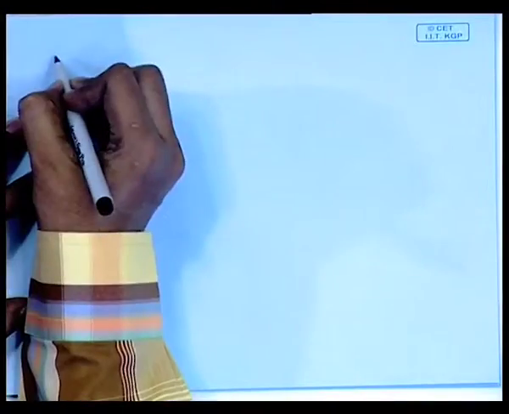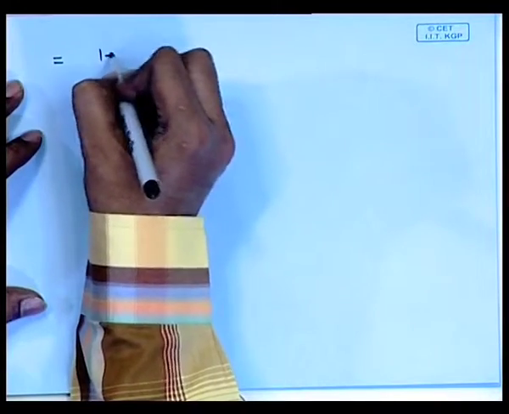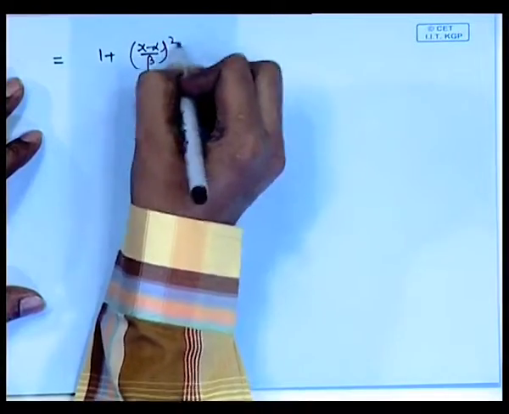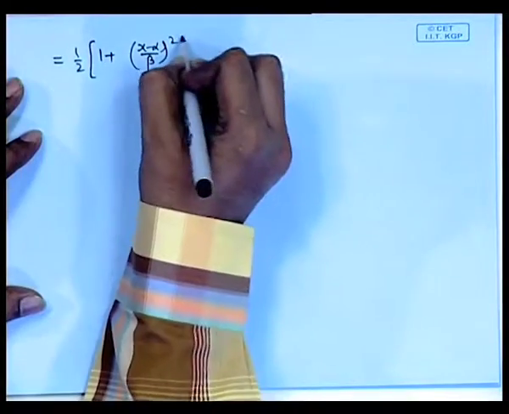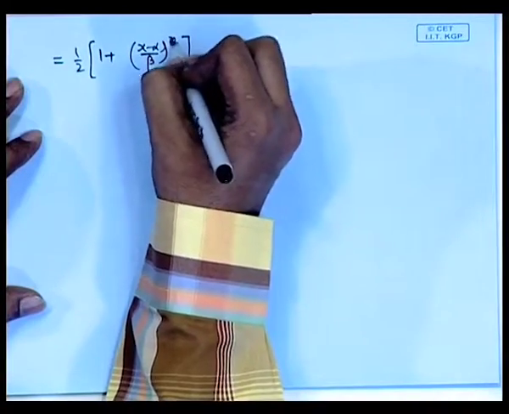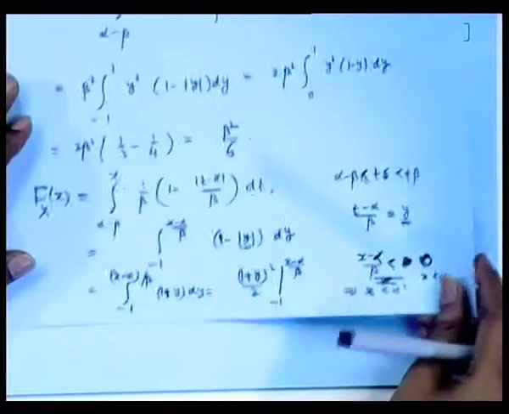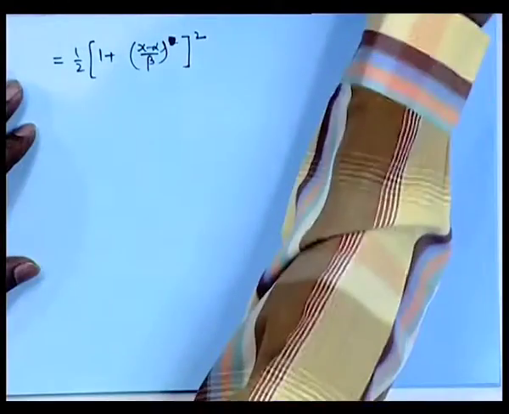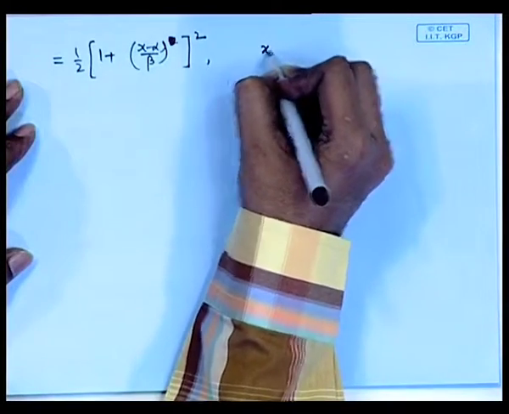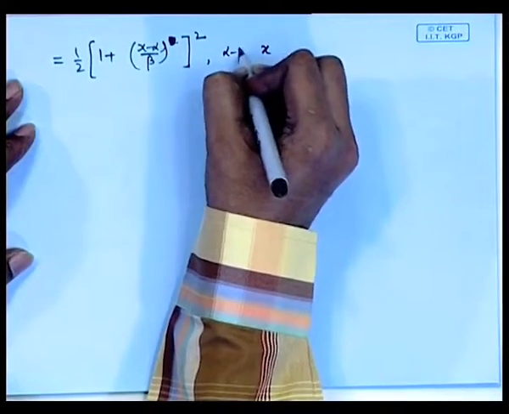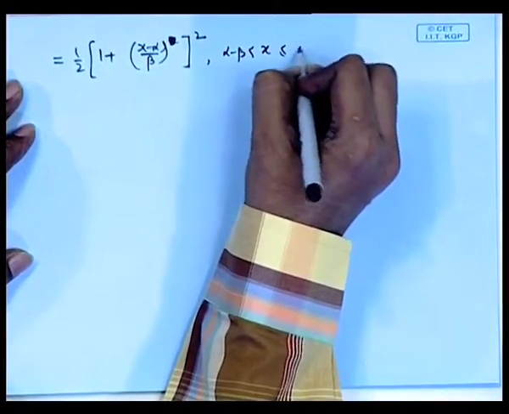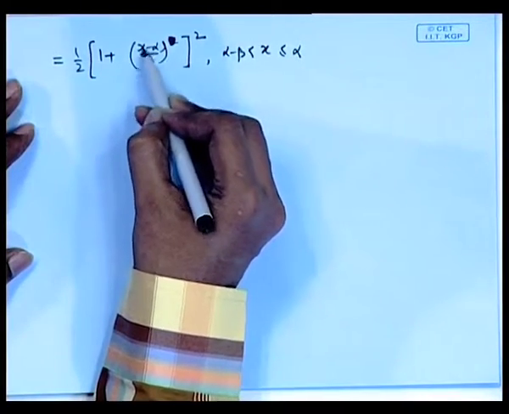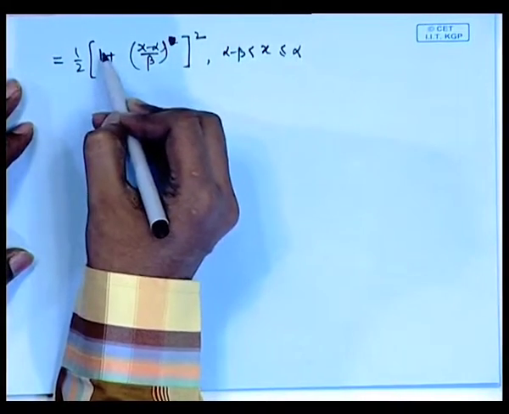So, this evaluates to half of 1 plus (x minus alpha) by beta, whole square. This is for alpha minus beta less than x less than or equal to alpha. If you look at this value at x equal to alpha, it becomes exactly equal to half.